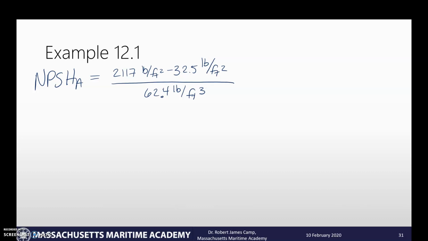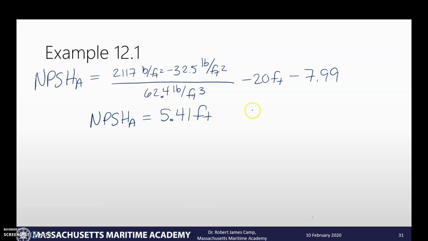And then we've got minus the height. So that pump is 20 feet above the surface of the fluid. Minus our total head loss, 7.99 feet. So if I calculate that out, bashing those numbers into my calculator, I get 5.41 feet of net positive suction head available.